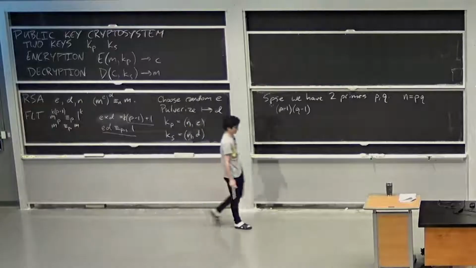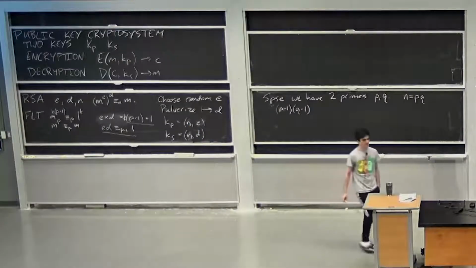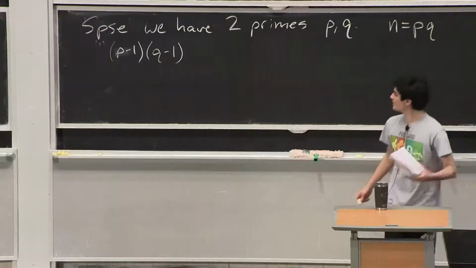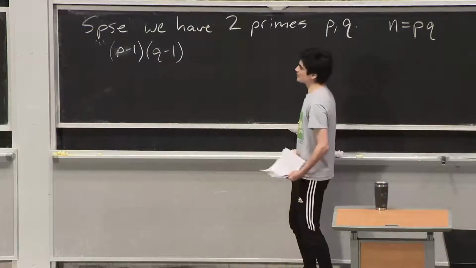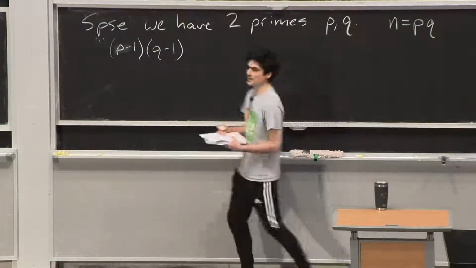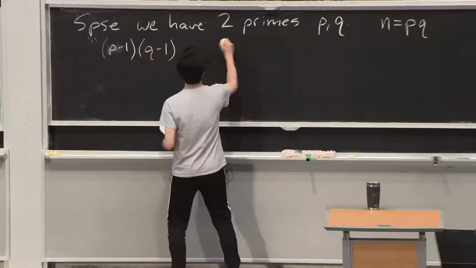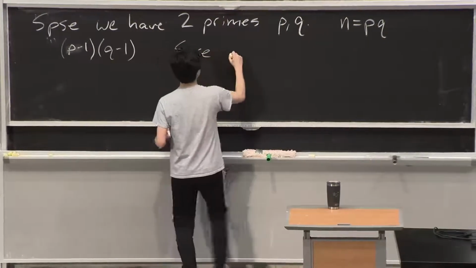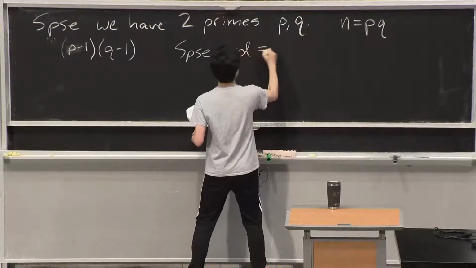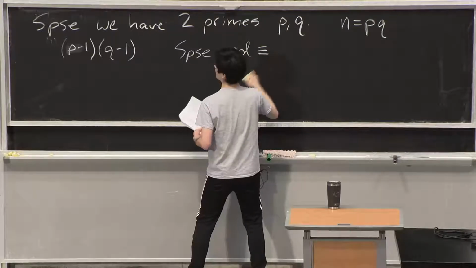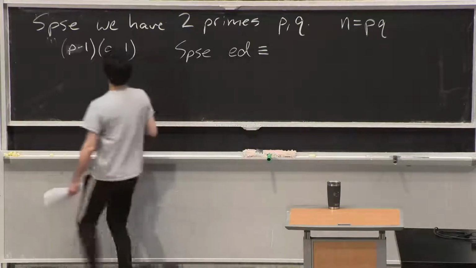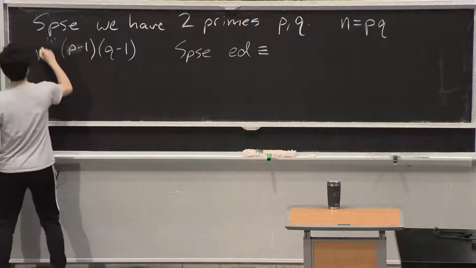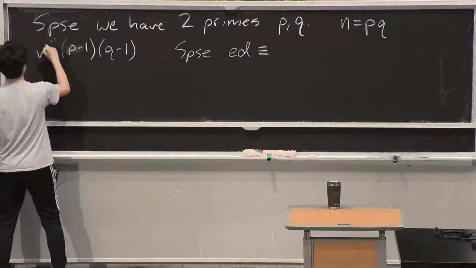Why? Well, suppose we have done this already. Suppose that ED is congruent mod, let's call this, say, M. No, M is for message. Let's call it N prime.